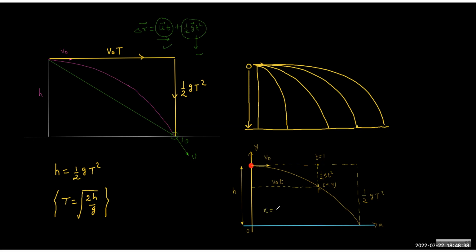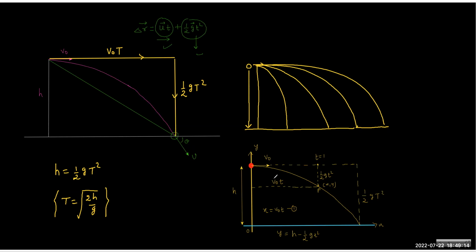Excellent. What is the y coordinate after time t? H minus half g t square. Very good. See how simple it is to solve kinematics in terms of ideas, in terms of motion. Gravity will pull you down by half g t square, so your height from the ground is h minus what you have been pulled down. That's simple. Understood?